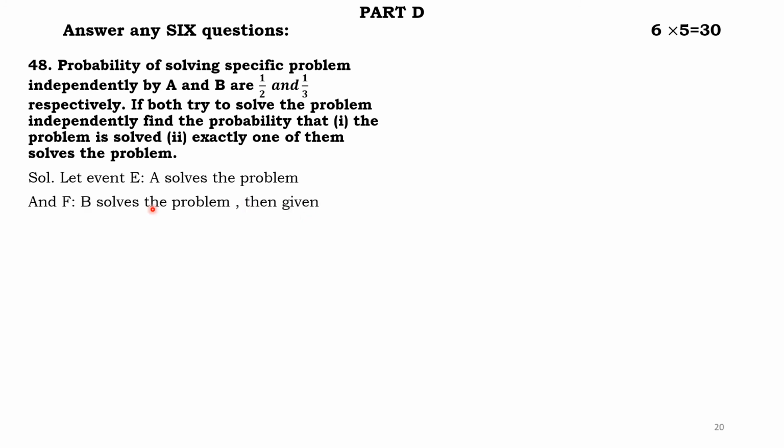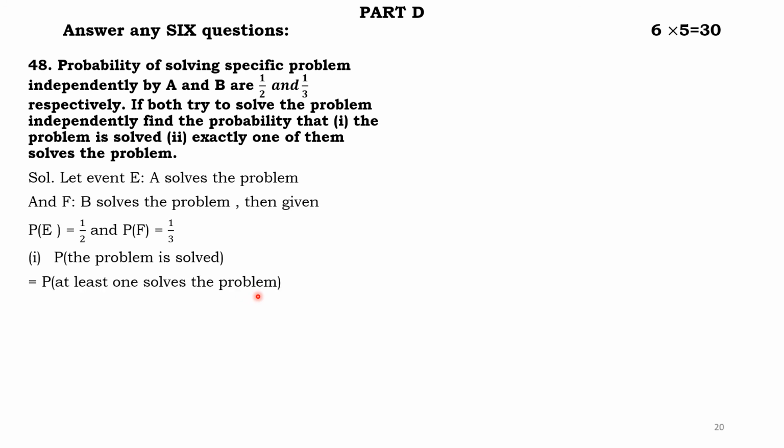Let F be the event that B solves the problem. Therefore, probability of event E is equal to half, and probability of event F is 1 by 3. First option, that is the problem is solved. Let P of problem be solved be P of at least one of them solves the problem.